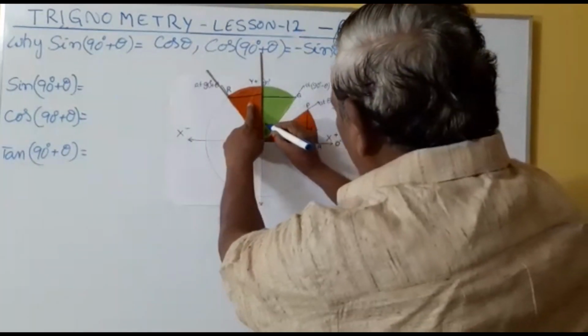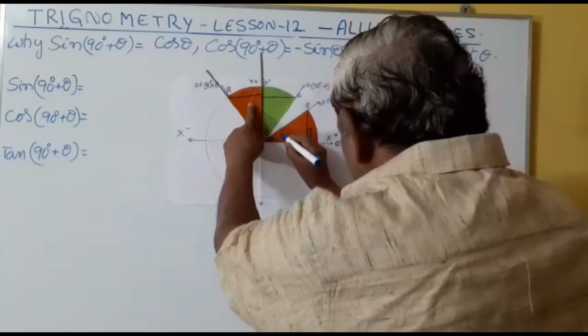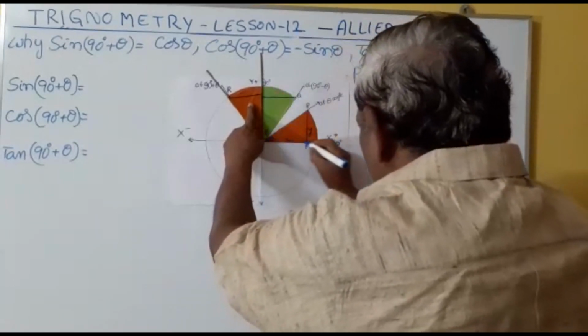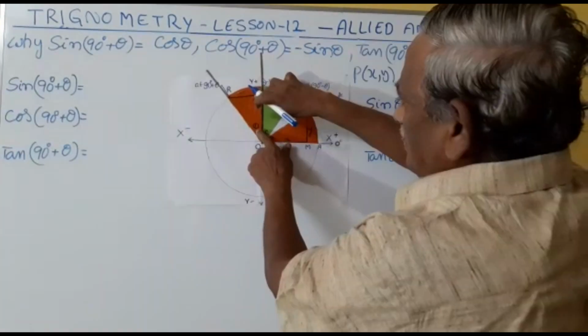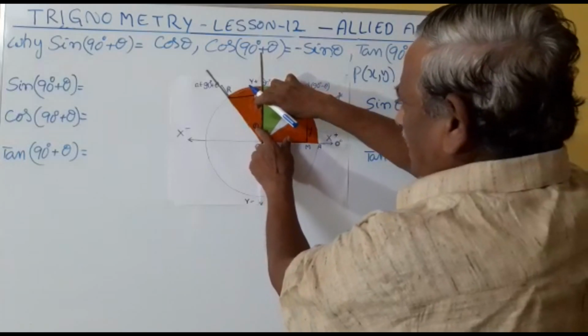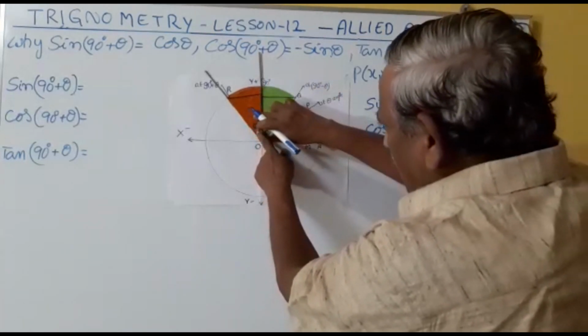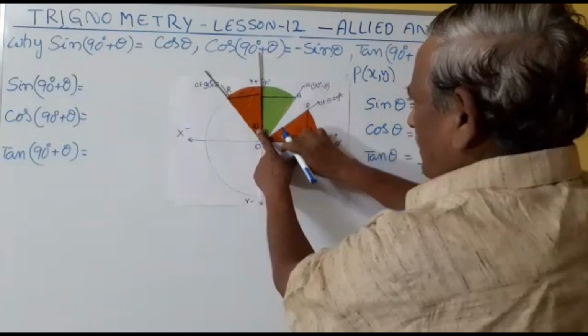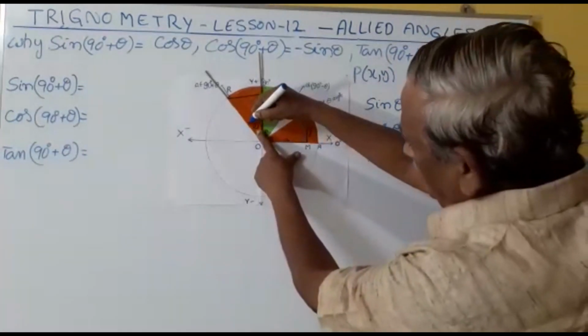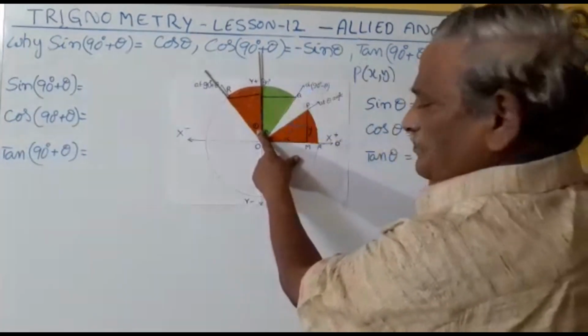Since the angle between the y-axis and x-axis is 90 degrees, and the central angle of the sector is theta, the total angle is 90 plus theta.